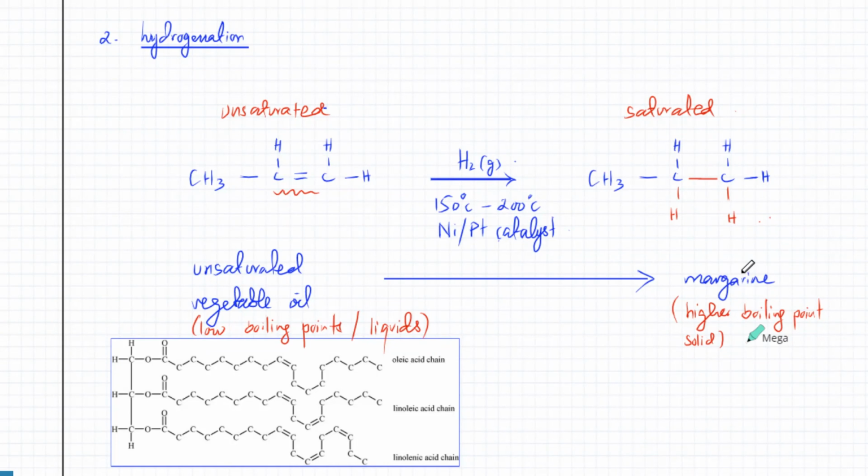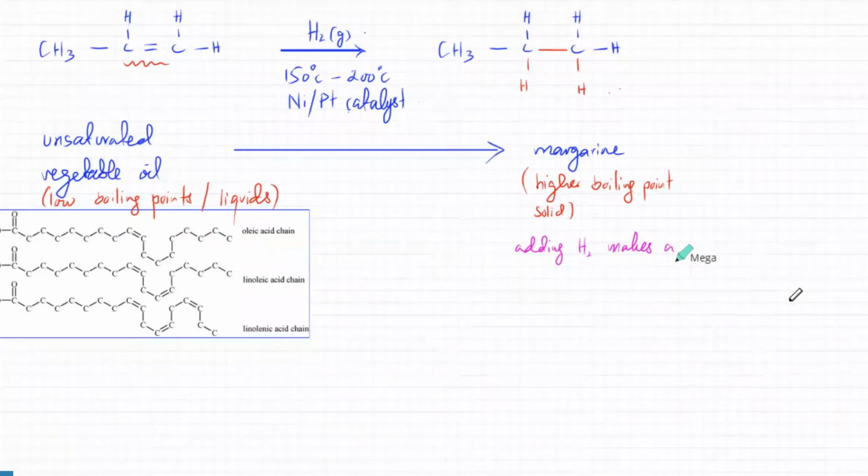Yes, sir. I said, so why does adding hydrogen make it a higher boiling point? What's the reason behind that? What happens when adding hydrogen, what does it do? It makes the molecule bigger, right? Yes. So if you have a bigger molecule, what type of forces would increase?